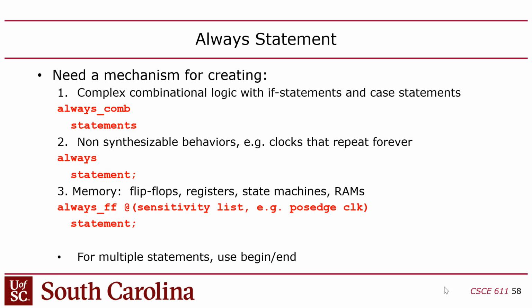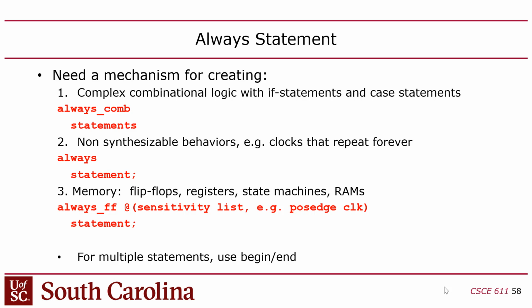An always statement allows you to create a more complex assign statement if you're doing combinational logic, but it also gives you the ability to make sequential logic. In Verilog, the syntax was always followed by the sensitivity list, followed by the statement or block of code.